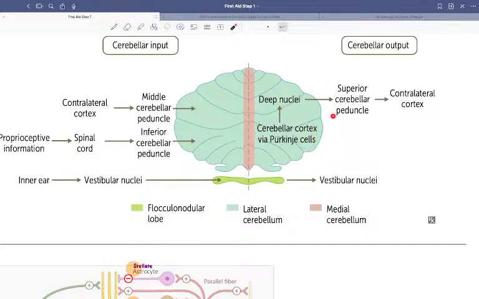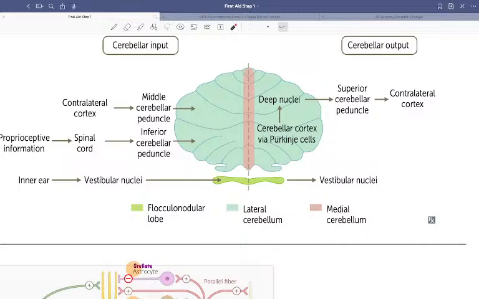That goes via the superior cerebellar peduncle to the contralateral cortex. So what was happening there? The middle cerebellar peduncle was bringing information from the contralateral cortex, while the inferior cerebellar peduncle was bringing information from the spinal cord. We can say the spinocerebellar tract is coming via the inferior cerebellar peduncle, and obviously the vestibulocochlear pathway also here.